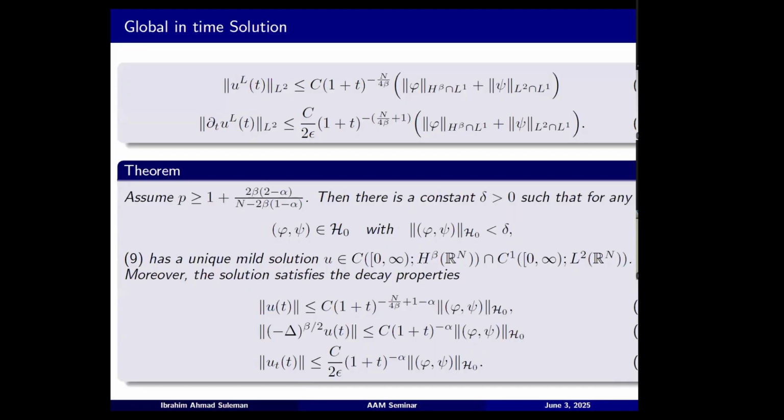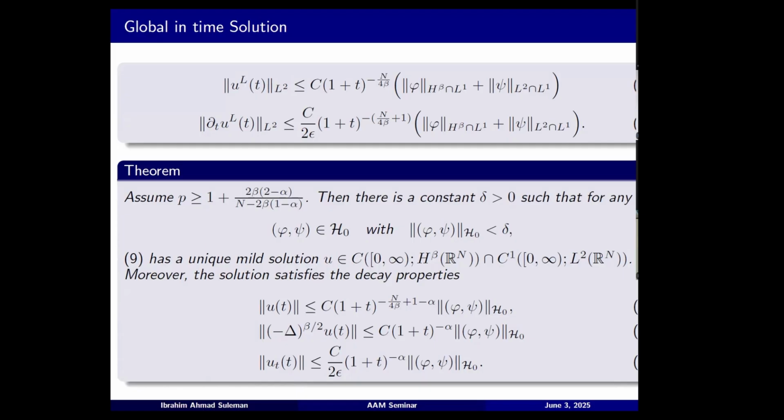So the next is the global solution. Here I put in the first few lines of the slide the decay estimate of the linear solution to keep reminding us of the importance of norm estimates to this argument. And this is our main theorem of today for the global existence.